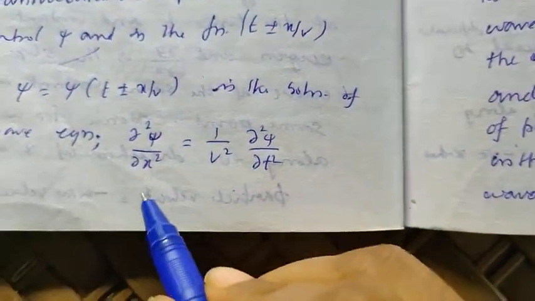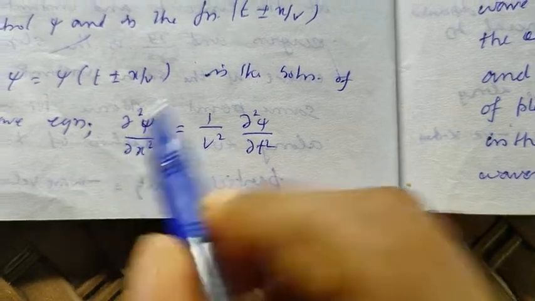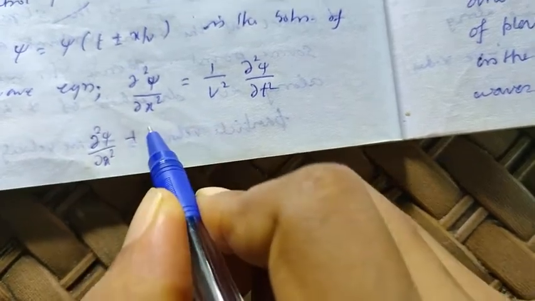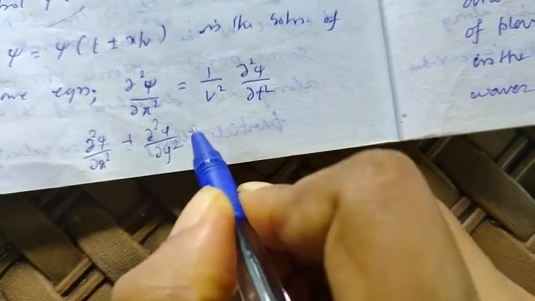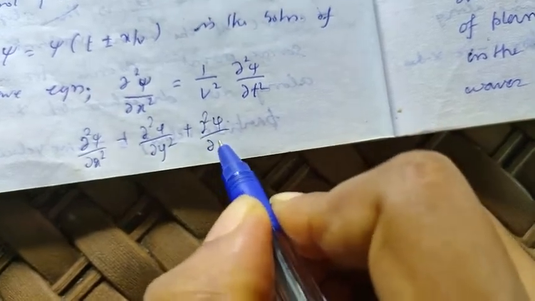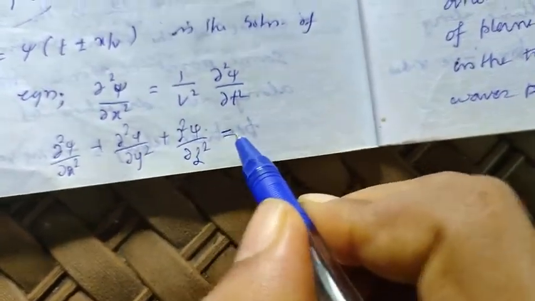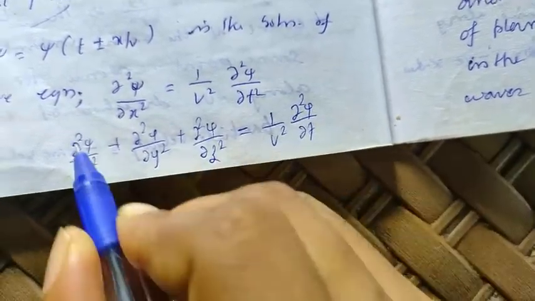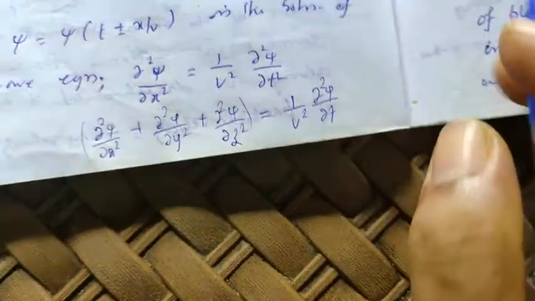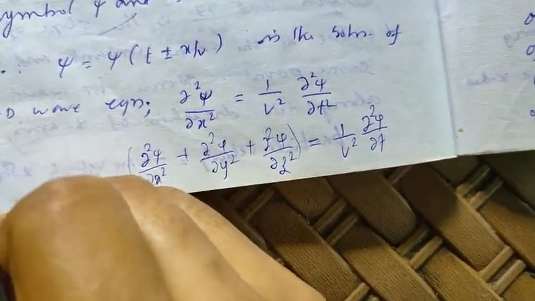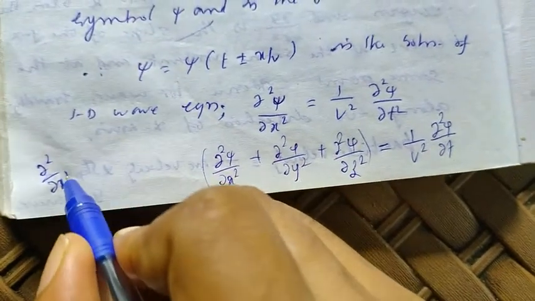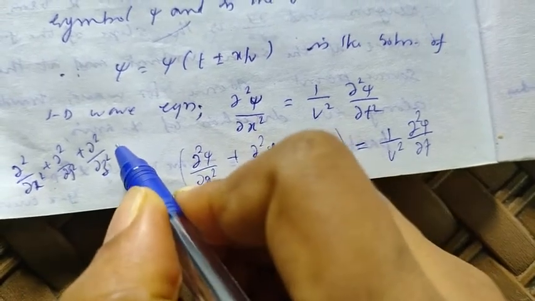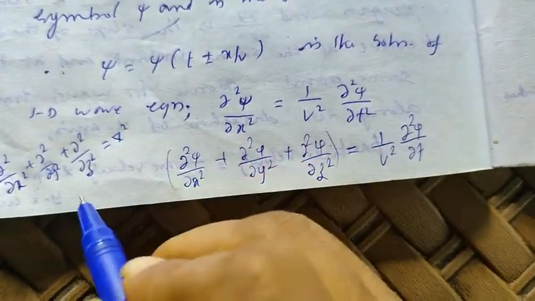Both are the same. If it is in 3 dimensions, this term will become ∂²psi/∂x² + ∂²psi/∂y² + ∂²psi/∂z². This is the 3-dimensional representation of the wave equation. The operator ∂²/∂x² + ∂²/∂y² + ∂²/∂z² is known as del square, the Laplacian operator.